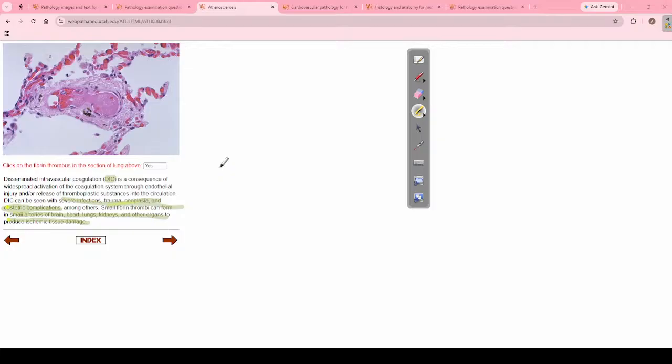Treatment is very difficult. You have to provide heparin, and even then safety cannot be assured in acute DIC. In chronic DIC the prognosis is a little better, but nonetheless it is a very dangerous condition.